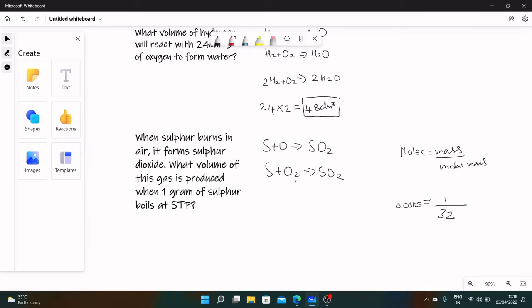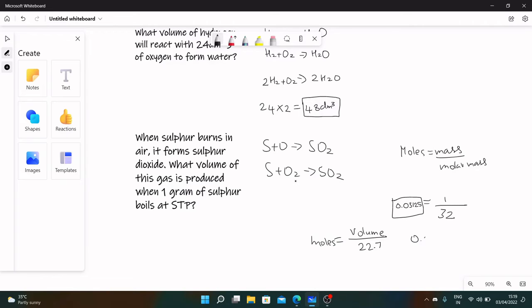This mole value now has to be converted to volume. So we'll take the volume formula, that is moles equals volume by 22.7.